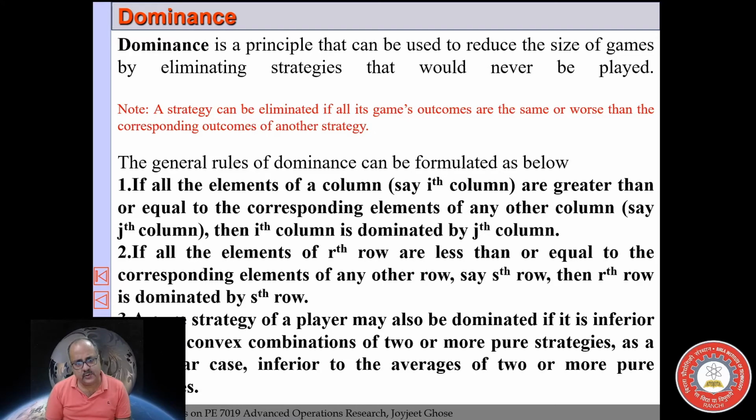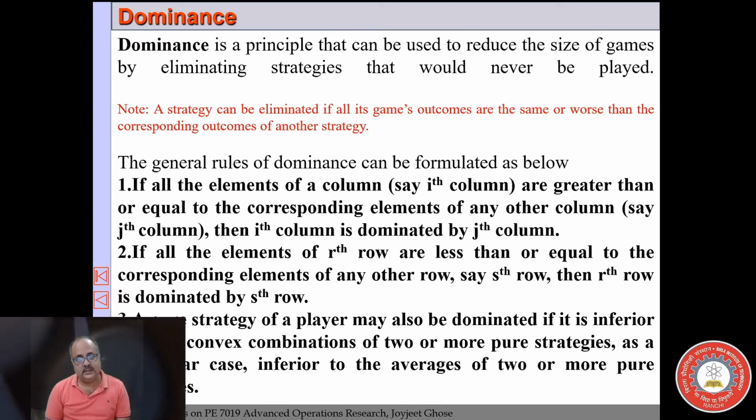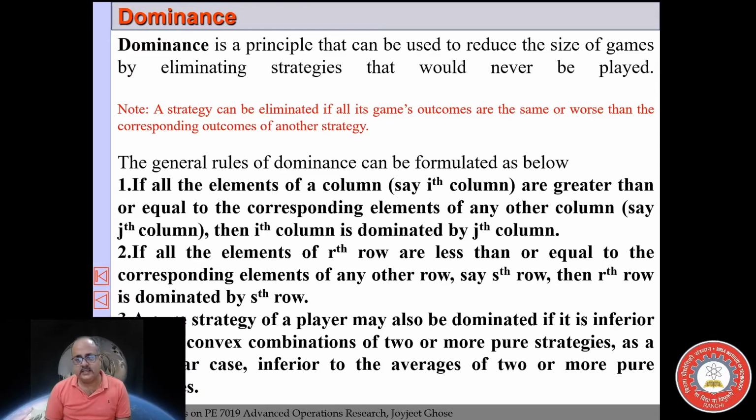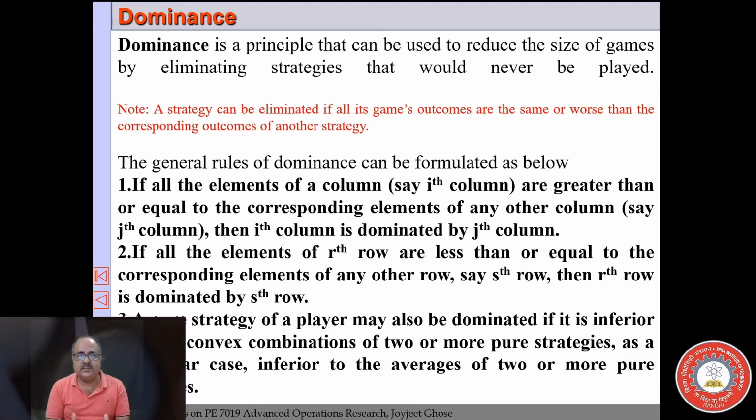The third rule says that a pure strategy of a player may also be dominated if it is inferior to some convex combination of two or more pure strategies, as a particular case inferior to the average of two or more pure strategies. It is a very complex statement, so I'll explain it in simple language.